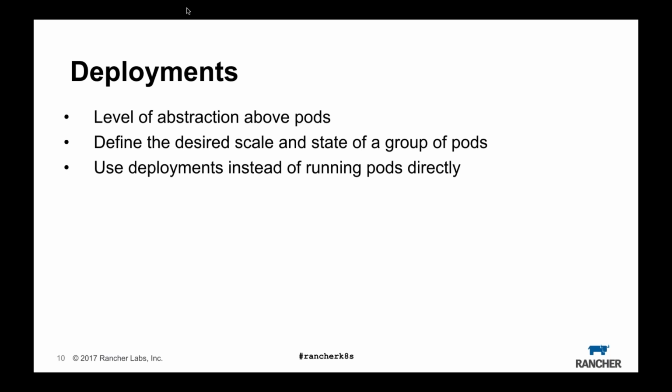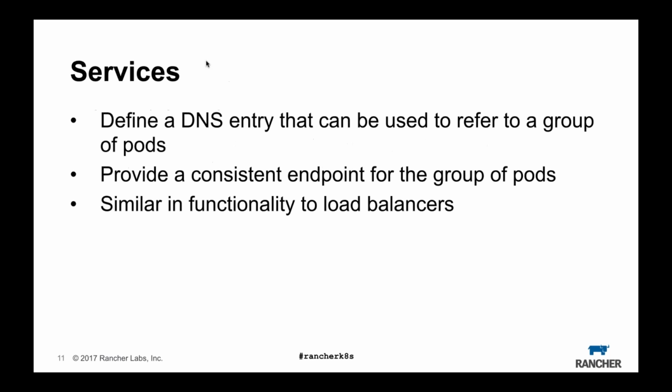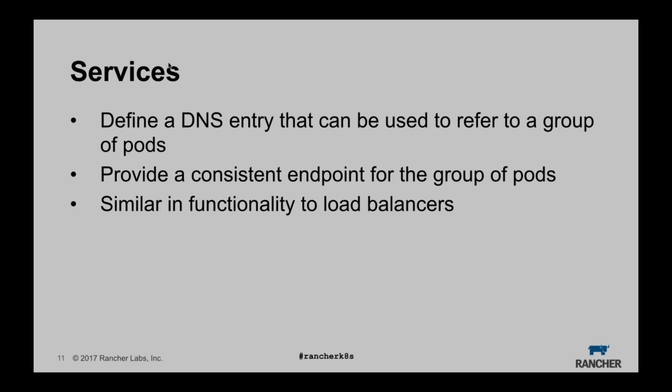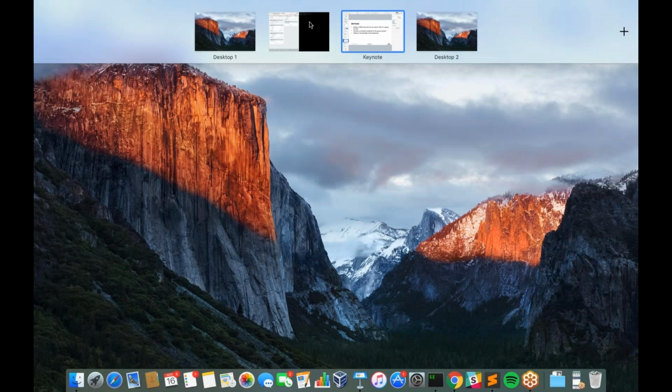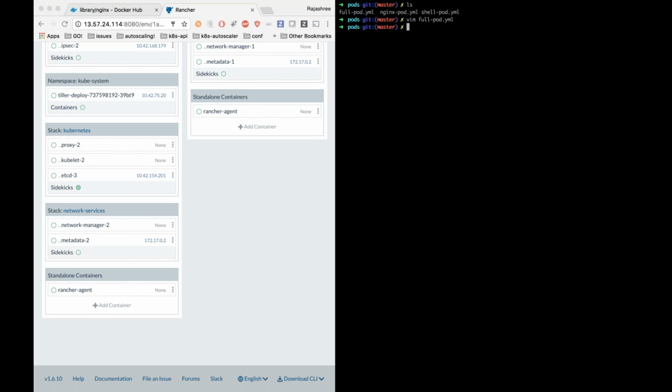So you can always specify how you want the pods to look like, or how many pods you want, and the deployment will always make sure that the current state and scale of the pods is the same as that of the desired state. And that's why you would never run a pod directly on a cluster. You would always use a deployment to run the pods.